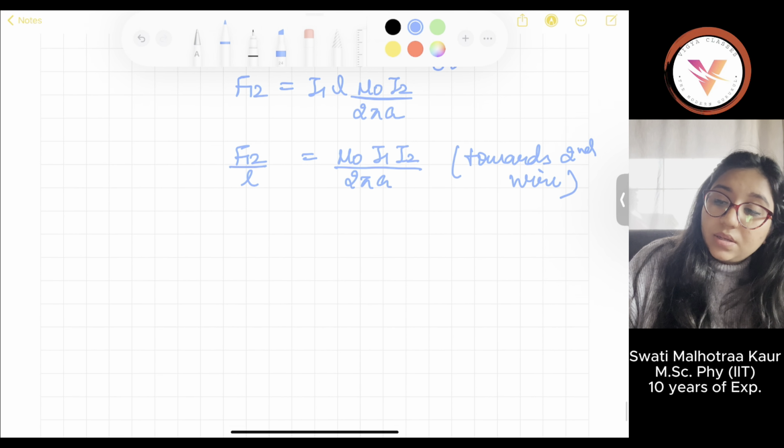Parallel current carrying wires attract each other, with equal force.